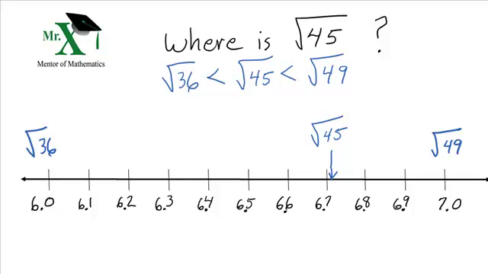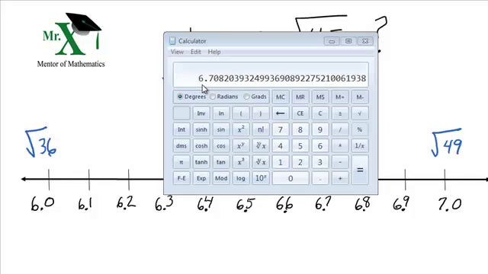Could we get closer to it on our number line? Could we zero in on it? Oh my goodness, yes. Absolutely. Let's focus on just the first 4 decimal places. To the nearest 10,000th, the square root of 45 is 6 and 7,082 10,000ths.